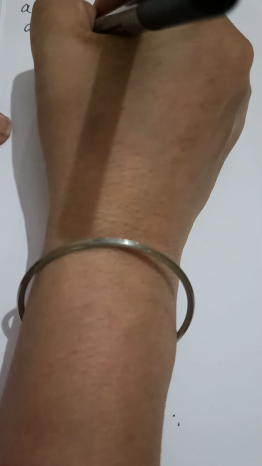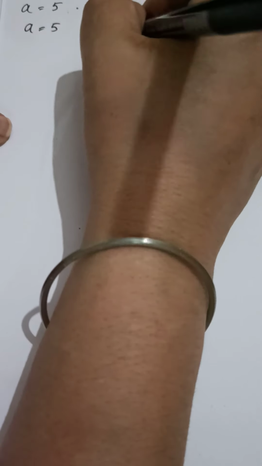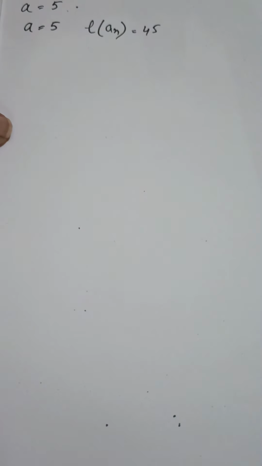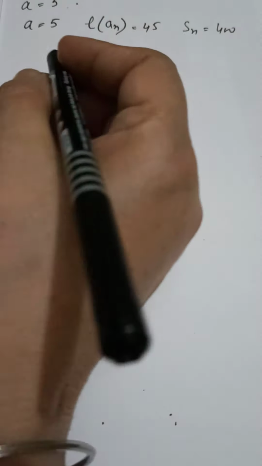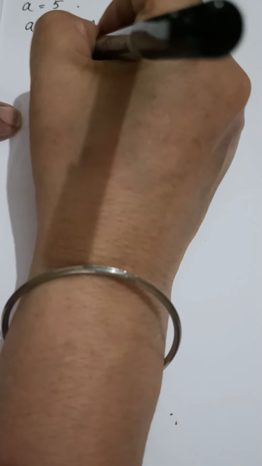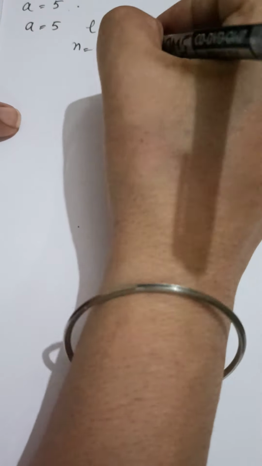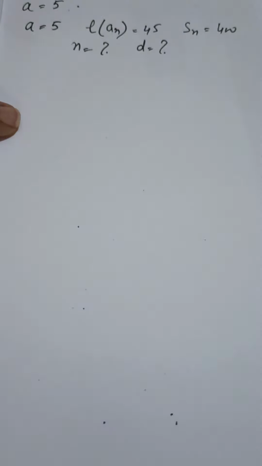Last term L can be written as An, that is given 45. And then sum is 400, Sn is given 400. What you have to find? Find the number of terms and common difference. That means you have to find n, number of terms, and D, common difference. These two values you have to find.